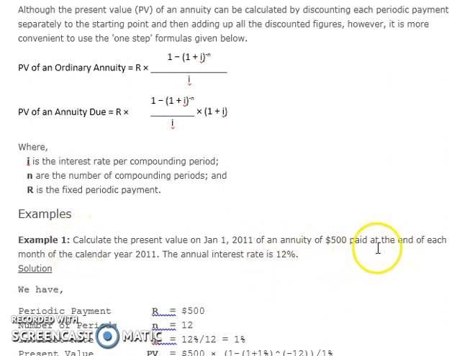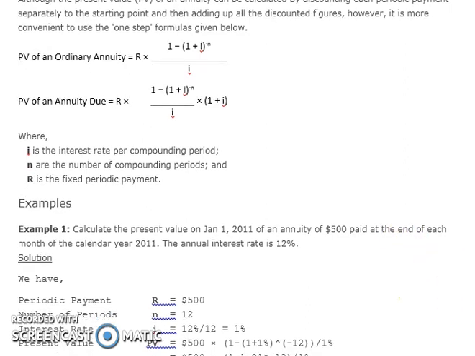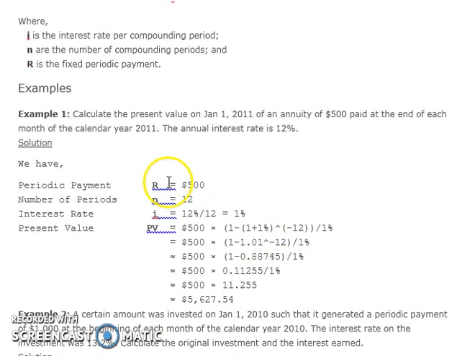The key here is "at the end", which shows that this is an ordinary annuity, because you are paying or receiving at the end of each period. Here the periodic payment is represented by R, N represents the number of periods, and I represents the rate of interest.